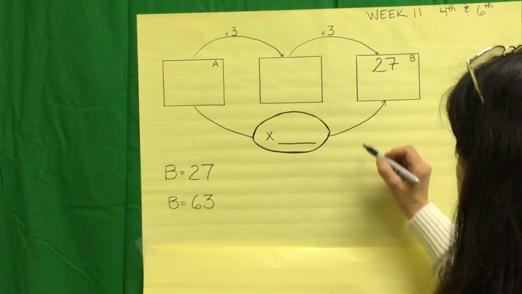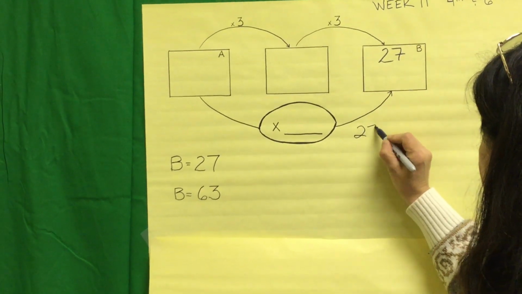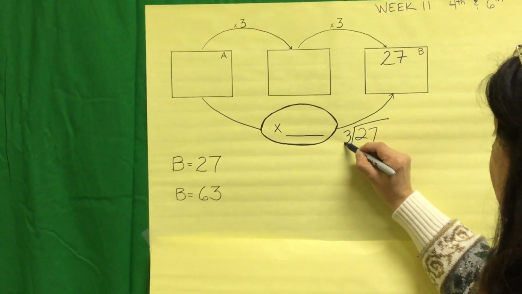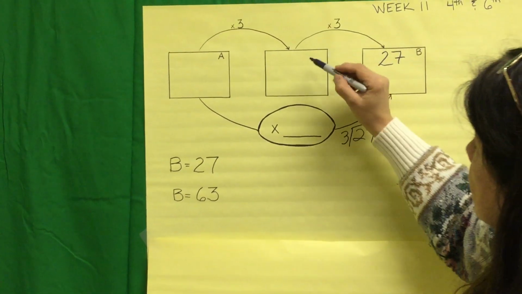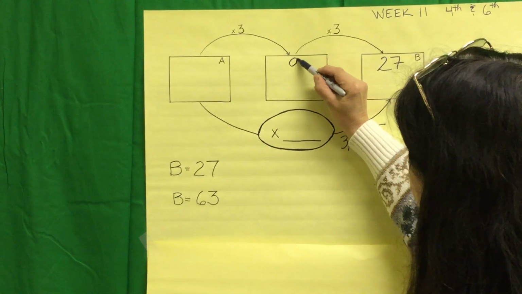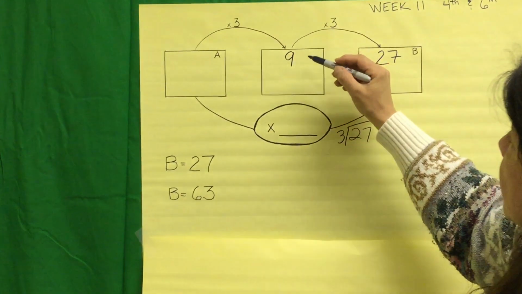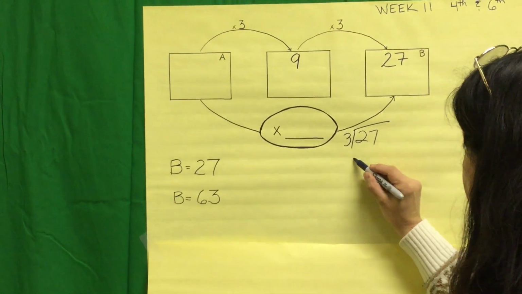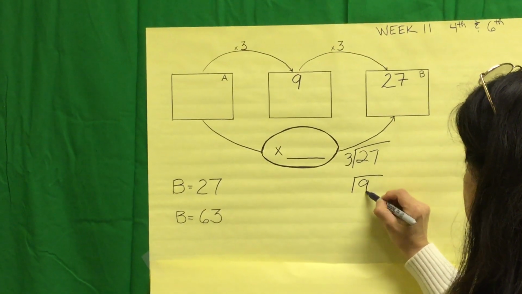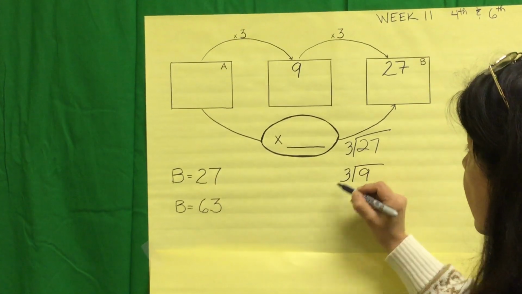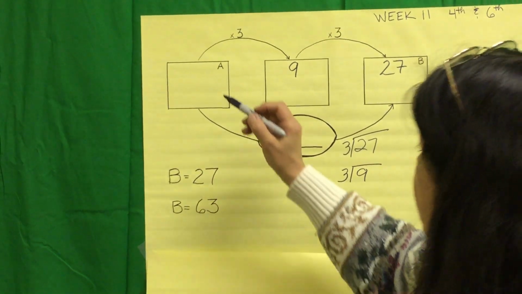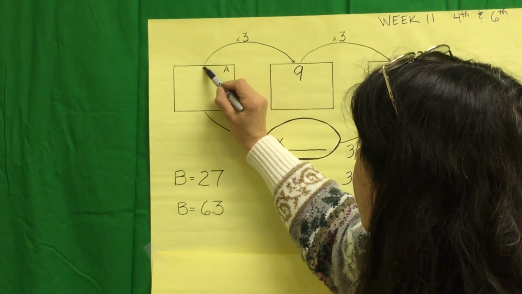So that's 27 divided by 3, which is 9. Then we take 9 and divide that by 3 to find out what A is. And so that would make that 3.